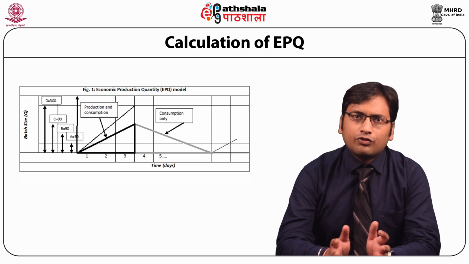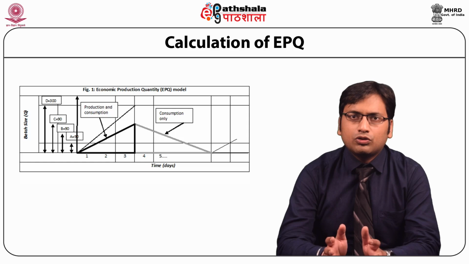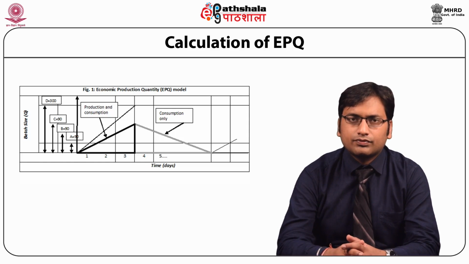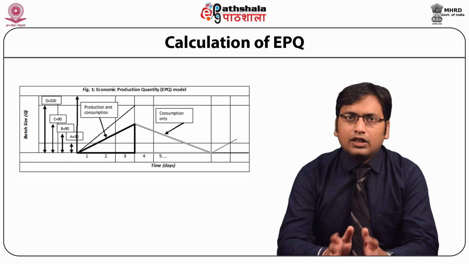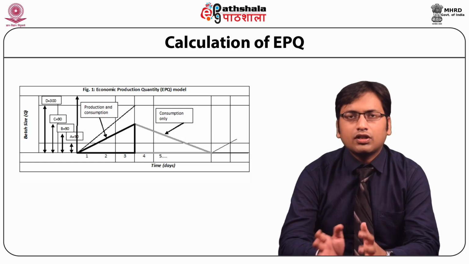A total inventory of 270 units, shown by C, is formed. This whole process is shown in the shaded region, indicating the process of both production and consumption. It needs to be emphasized that the maximum inventory level, denoted by I max, is 270 units and not 300 units.